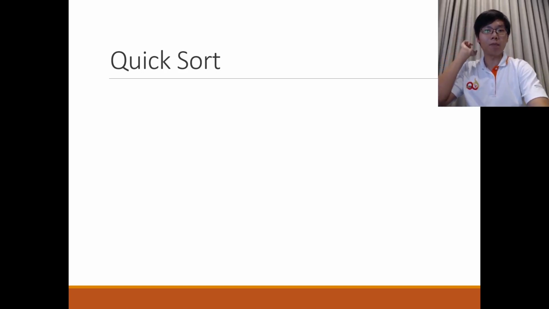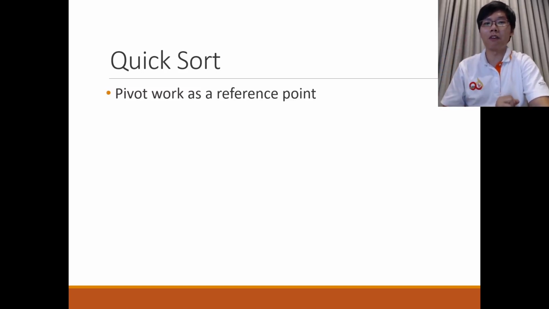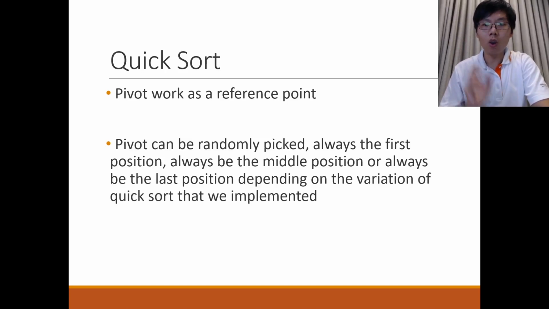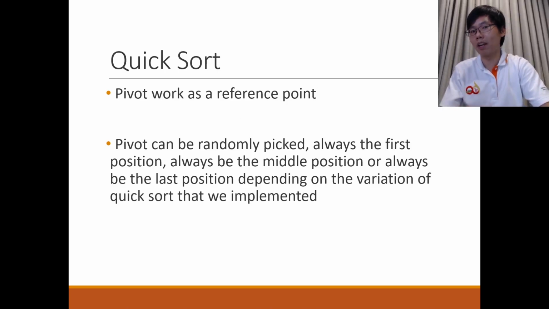How it works is that the pivot serves as a reference point. I would like to mention that the pivot itself can be randomly picked, or be the first position, the middle position, or the last position. It really depends on the variation of quicksort that you implement.